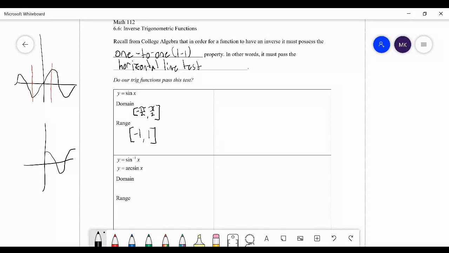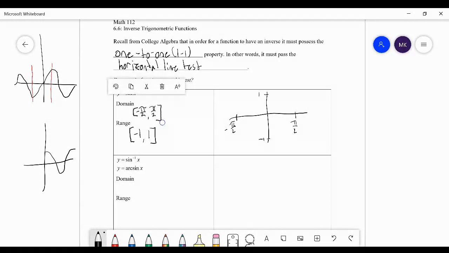A more specific graph goes from -pi/2 to pi/2 and from -1 to 1, and it looks something like this. Clearly that is a one-to-one function. Therefore, the sine function on the domain of -pi/2 to pi/2 has an inverse function.